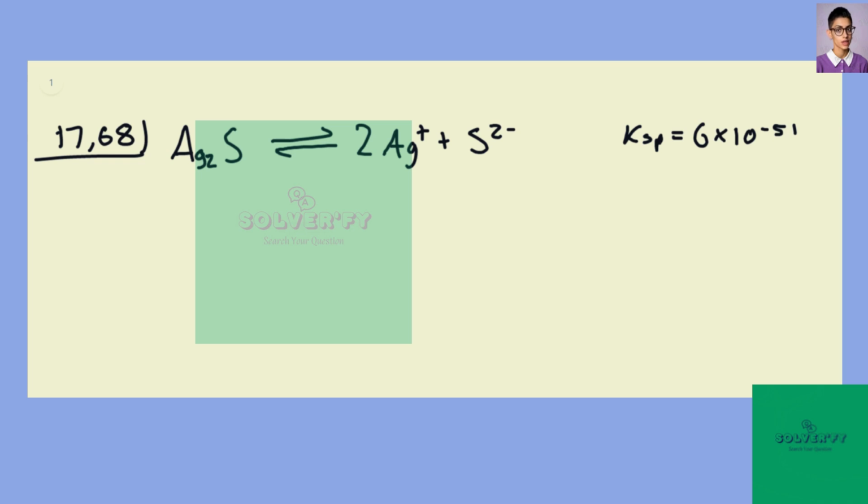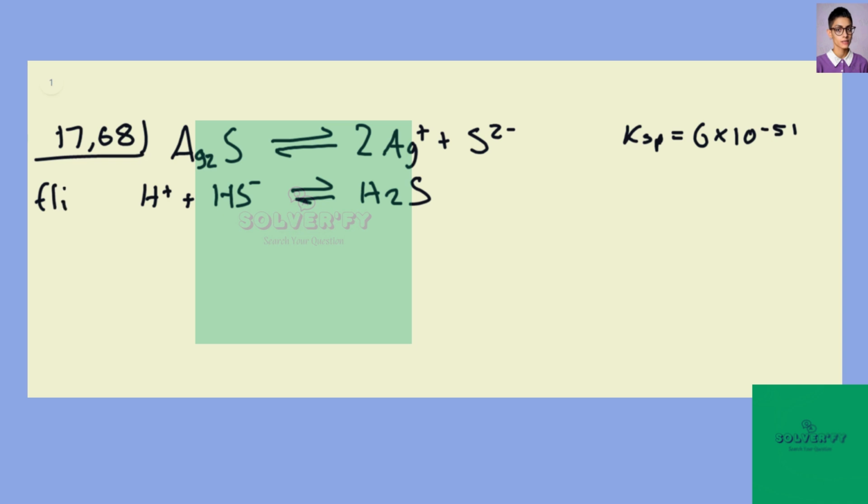For the Ka1 and Ka2 values, we're talking about the dissociation of H2S into H plus and HS minus. However, if we look at the bottom, we want to have H2S on the right side, so we're going to flip this equation: H plus and HS minus make H2S.